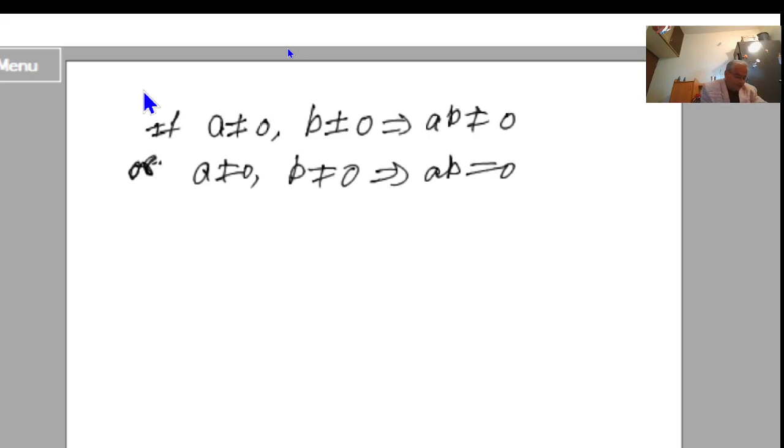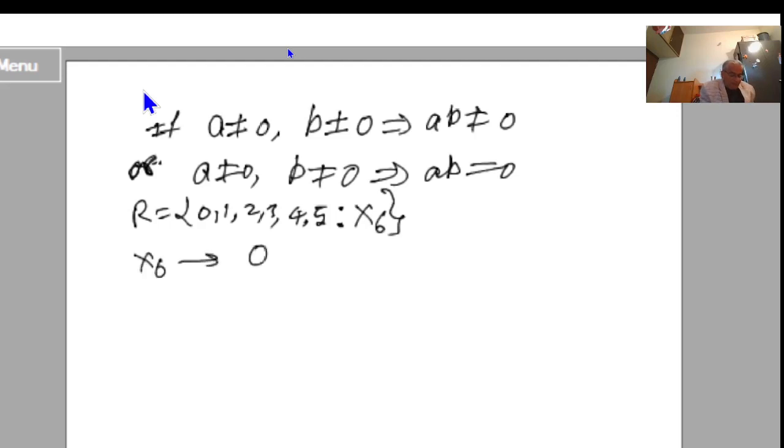For example, say R is the set consisting of 0, 1, 2, 3, 4, 5, and my operation is multiplication modulo 6. Here, with respect to addition modulo 6, 0 is the zero element of this set R, the identity with respect to addition.